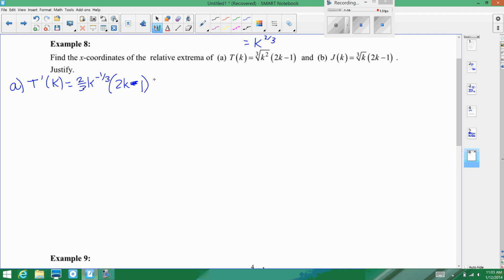And don't forget to do the opposite way as well, k to the 2/3 times the derivative of this one. Oh, that would just be times 2.